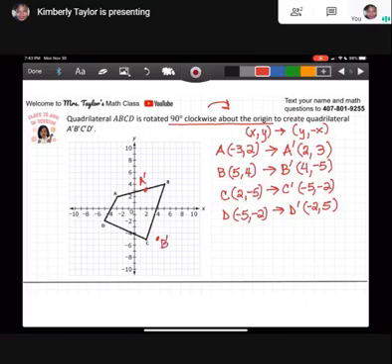C prime is at -5 and -2, which is the original D. That's C prime. And then D prime is at -2 and 5. So now when you connect your dots, you have the same picture, but rotated.